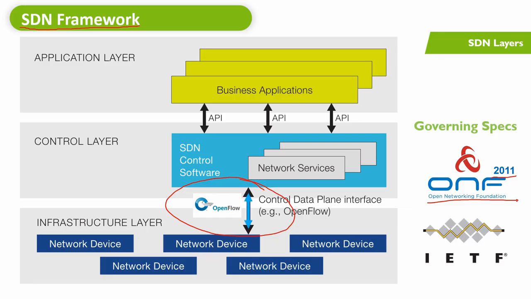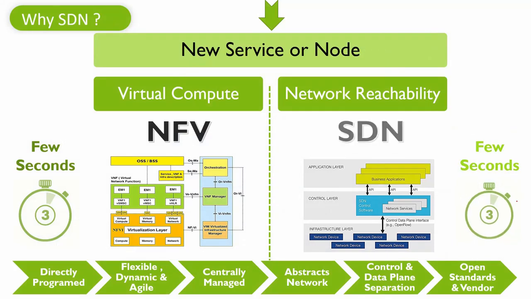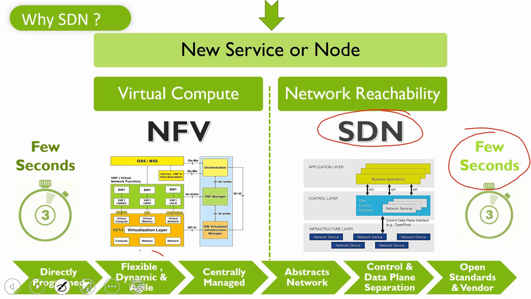Now we'll come back to our first slide, where network reachability was a big problem. With SDN coming into the picture, we have seen we can get network reachability done within a few seconds. This solves our major problem. Let's quickly recap the benefits and features of SDN based networks. They are directly programmable, flexible, dynamic, agile, and centrally managed.